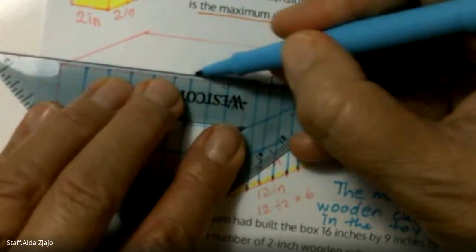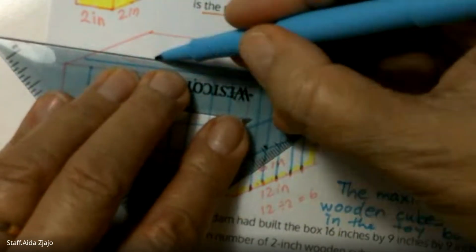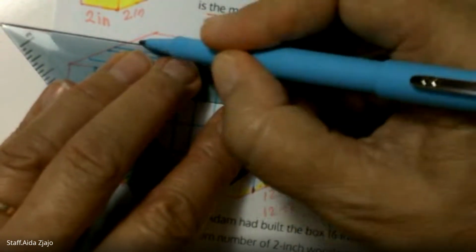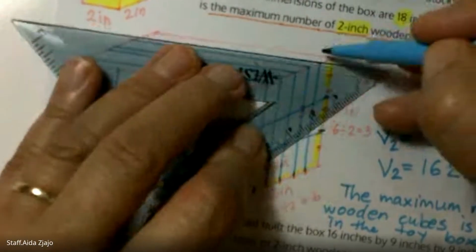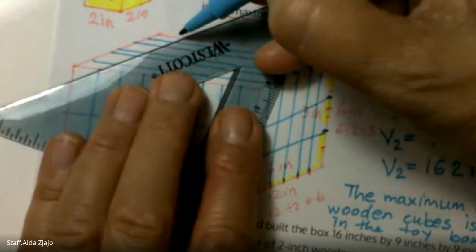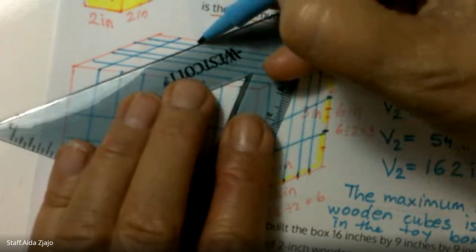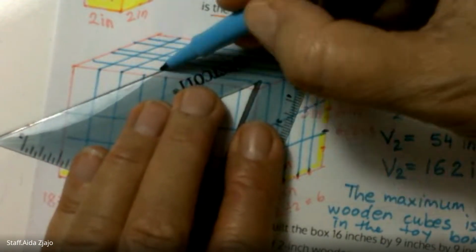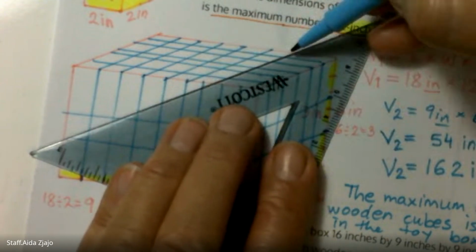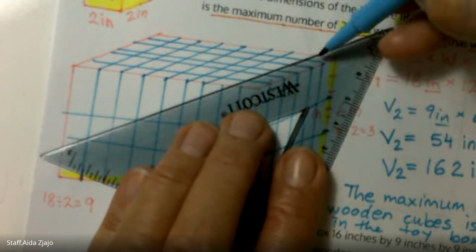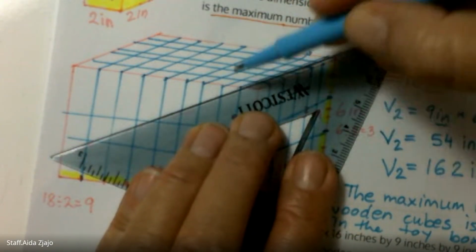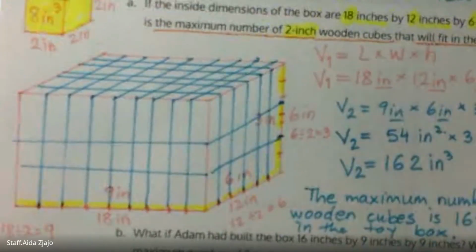We were filling in the box with the cubes, right? And when the box is full, it should look like this, but not exactly, because I did not draw well.